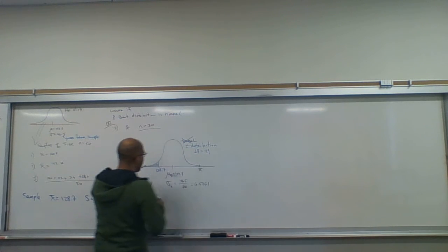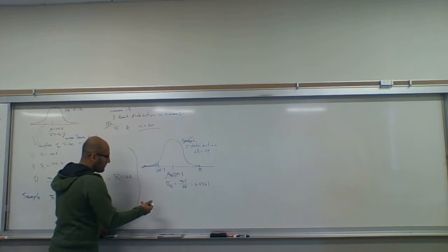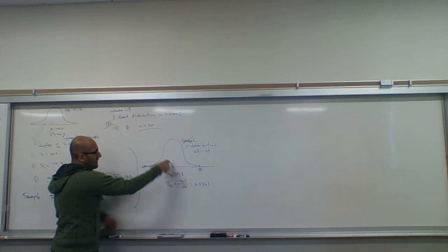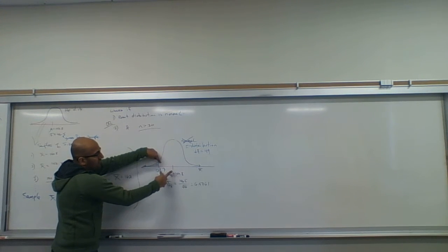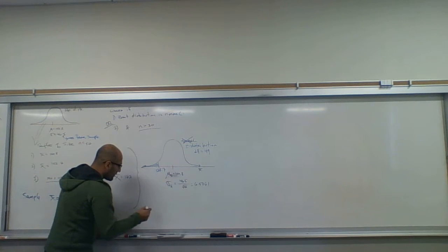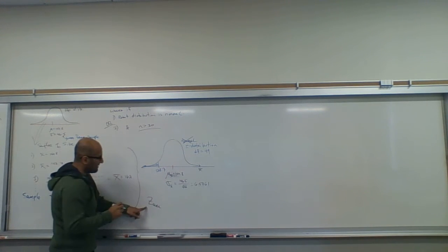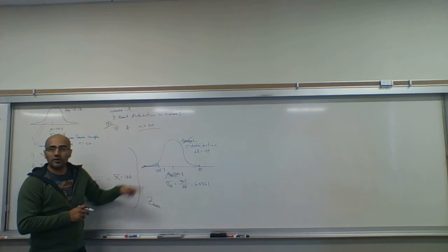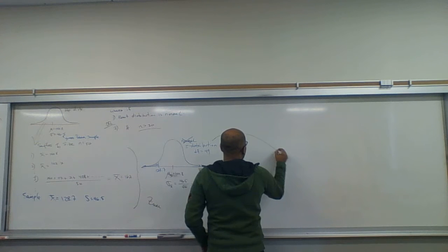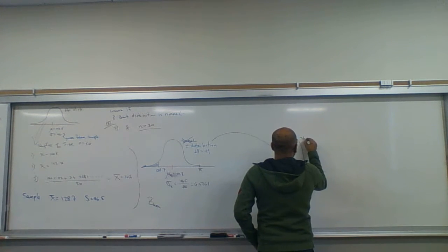So we need to find kind of like the z value, but we standardize it. That process is called standardizing it. So we need to find this distance right there. So it's the difference between these two, and then divided by the standard deviation. We called it the z-score, but in this case, it's no longer going to be a z, it's going to be a t value. So we're going to go this way. We're going to take it over to the standard t distribution.